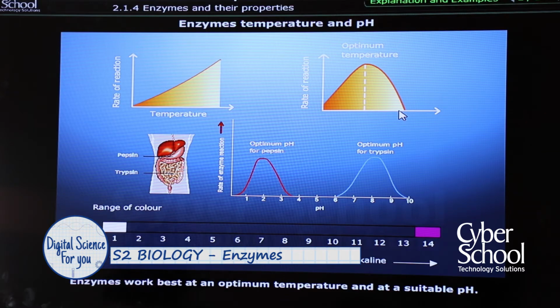Just imagine you have an egg, because an egg is a protein just like an enzyme. What happens when you put an egg in hot water? It solidifies. When you cool it back, you cannot get the shape back. So when you increase the temperature, you're destroying the bonds that are holding the enzymes. So you are denaturing it.